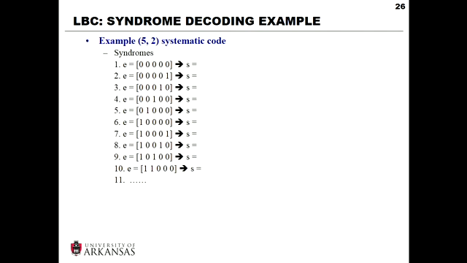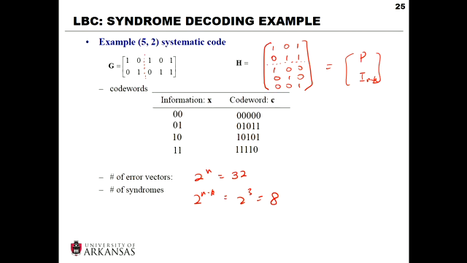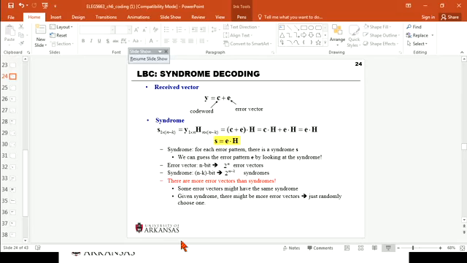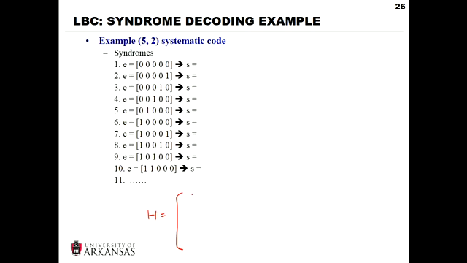So let's do a quick calculation of the syndromes of different error vectors. Again, let me write down H here. H is 101, 011, and the identity. So this is our H matrix, the parity check matrix.